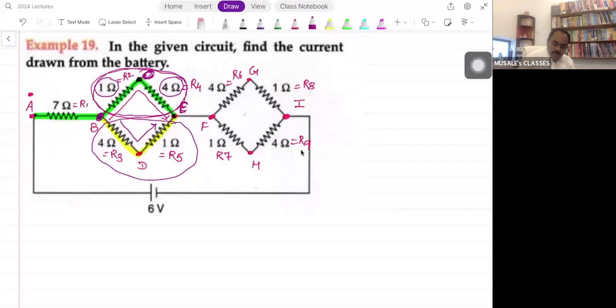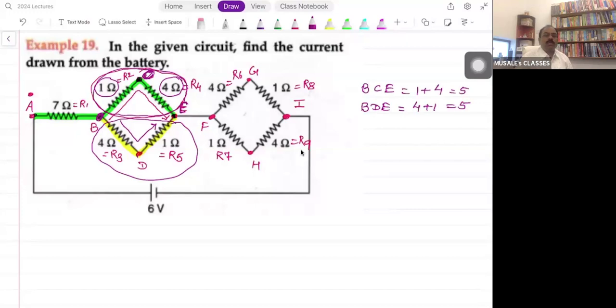Similarly, BDE. BCE will give you 1 plus 4, whereas BDE will give you 4 plus 1. Both will be 5.